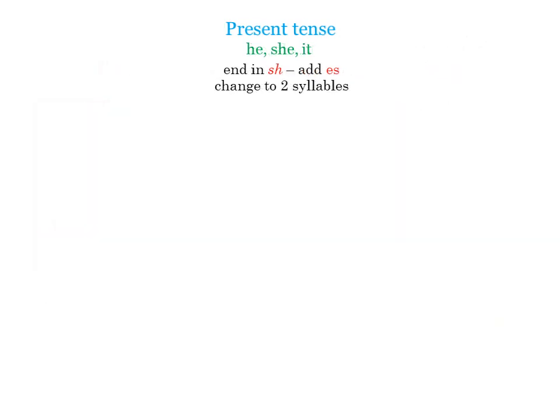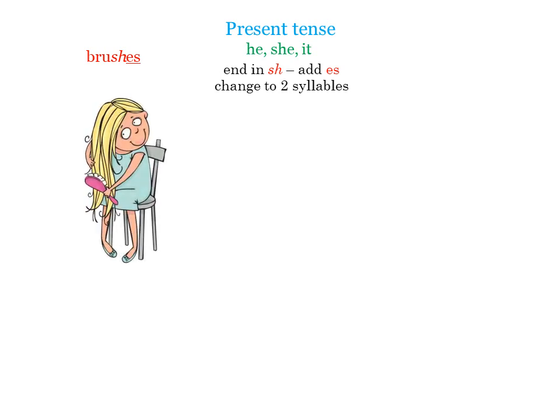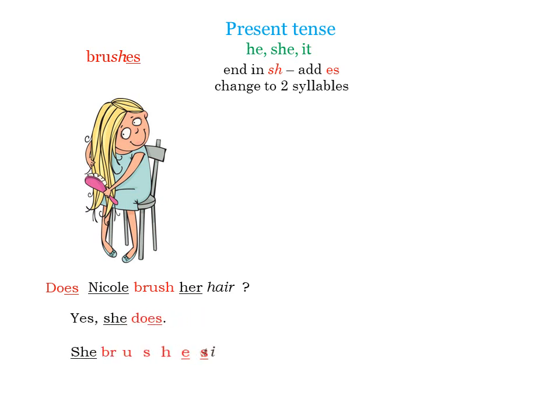For verbs that end in sh, add es and they change to two syllables. For example, brush, you add es, brushes. Does Nicole brush her hair? Yes, she does.